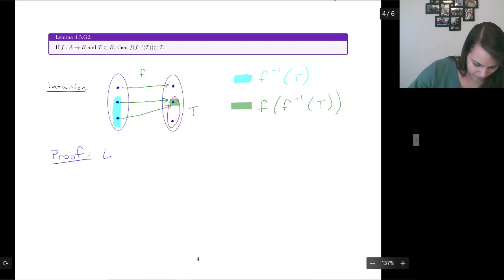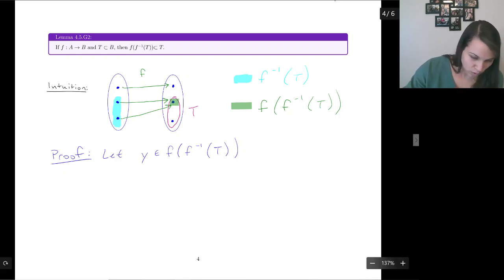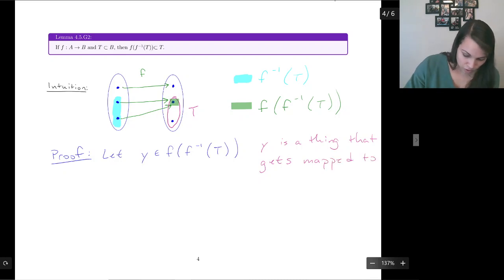We're going to let y be an element of f of the pre-image of T. And let's see, what are we going to say? This means we know that y is a thing that is mapped to from a set. What set? The set that sits in here.